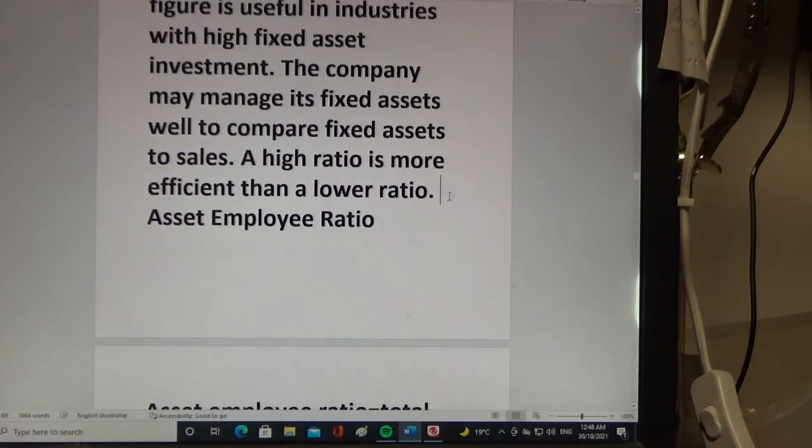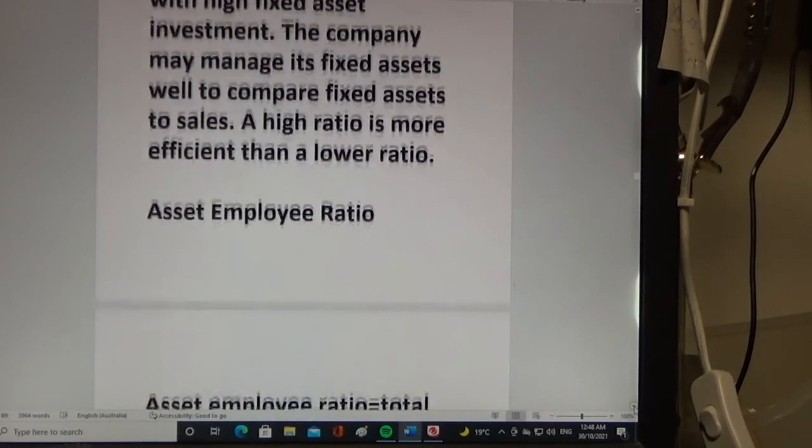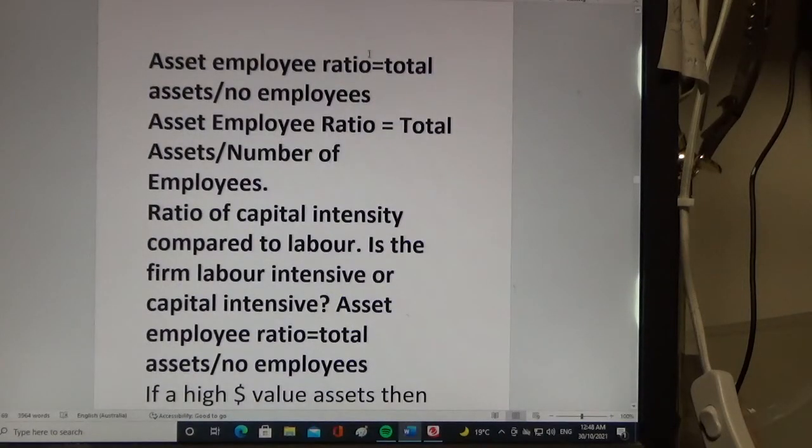Now, I like this one, the asset employee ratio. Let's just define it first. Asset employee ratio equals total assets on your balance sheet divided by the total number of employees in human resources.